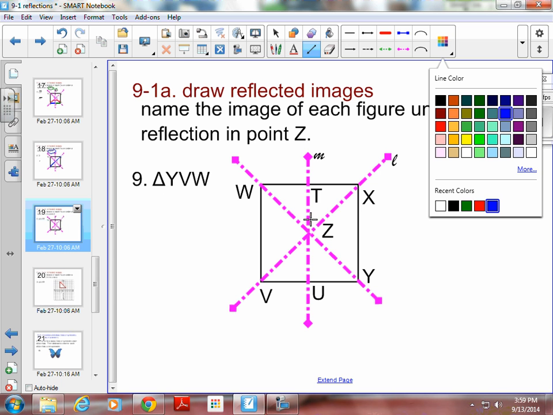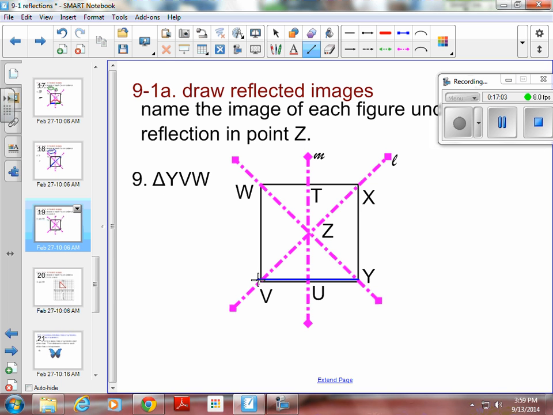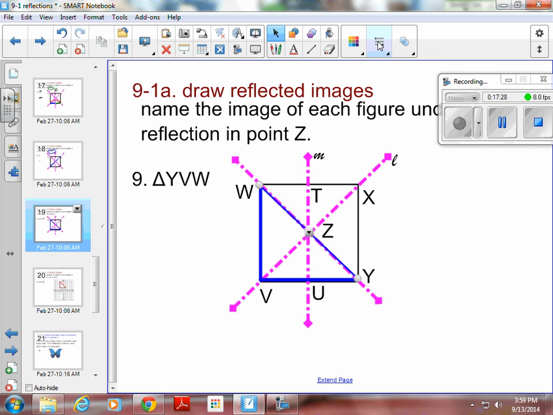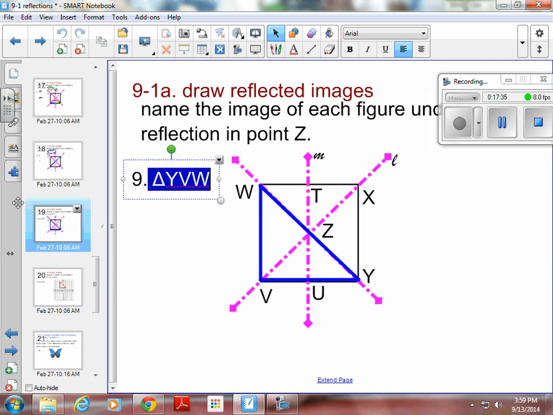So Y, V, Y to V, V to W, and then W would go back to Y. So this is our pre-image. Okay, there's my pre-image in blue.